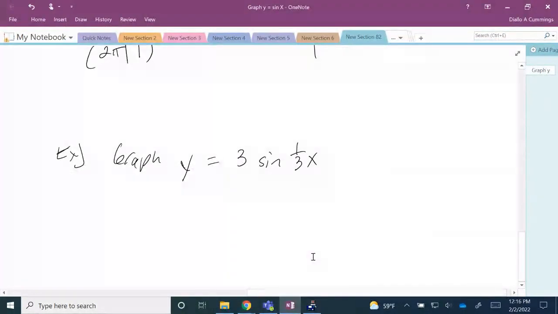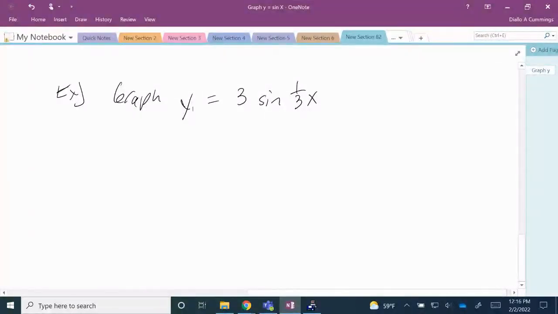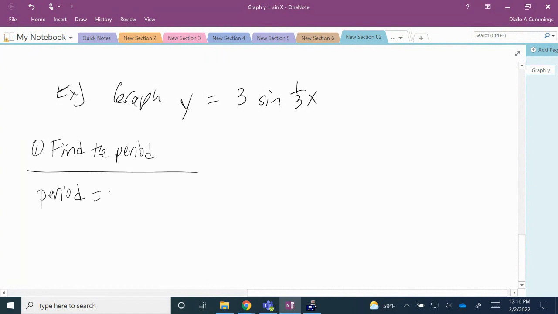All right, we're going to return with the solution. So the first thing we're going to do is find the period. The period has the formula 2 pi over b.